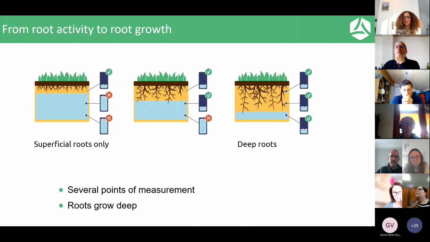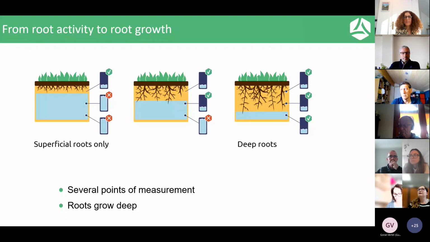So when you detect the root activity, you can also detect the root growth. How? Well, it's with different probes. You have several points of measurement. For grass, maybe 5 centimeters, 10 centimeters, 15 centimeters.